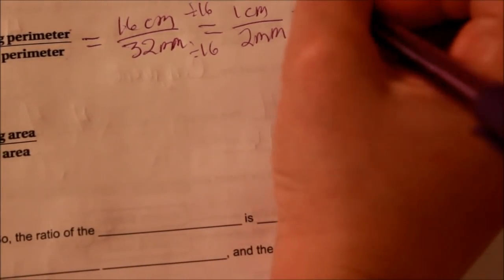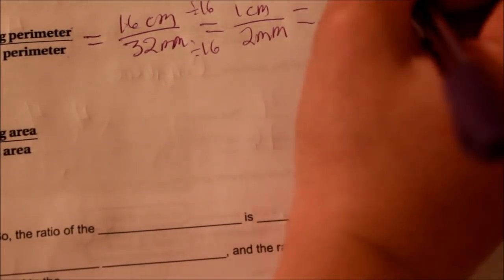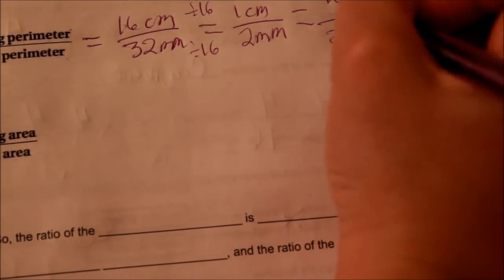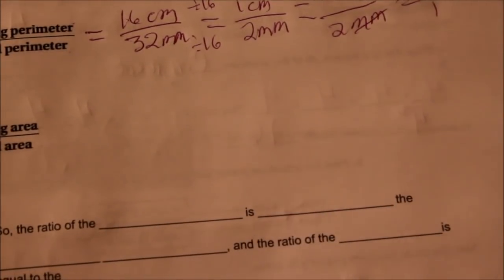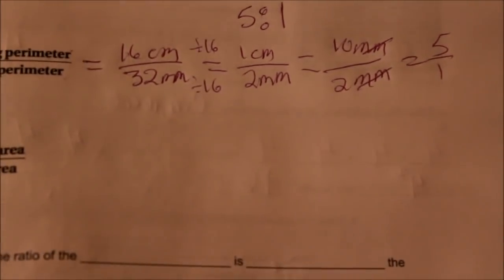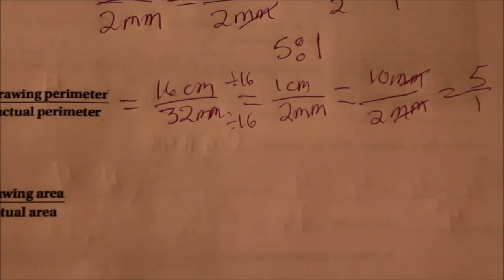This is the same as 10 millimeters over 2 millimeters, 5 over 1. Oops, I apologize about that. I didn't write straight. There you are. All right, we see here that the scale factor and the comparison of the drawing perimeter to the actual perimeter are the same.